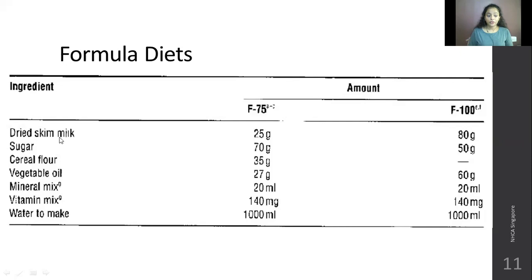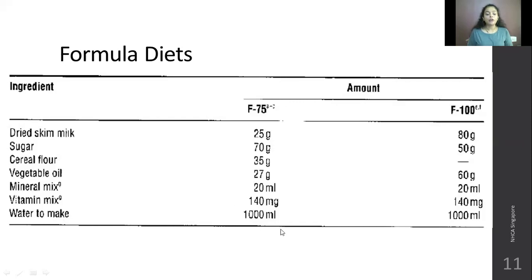So dried skim milk 25 gram, sugar 70 gram, cereal flour, any cereal flour that is locally and easily available, 35 gram, vegetable oil, ideally gingelly oil, and if possible unrefined is preferred, 27 gram, mineral mix, vitamin mix, which is already available as a completely different sachet, 20 ml, 140 mg, and water to make this.